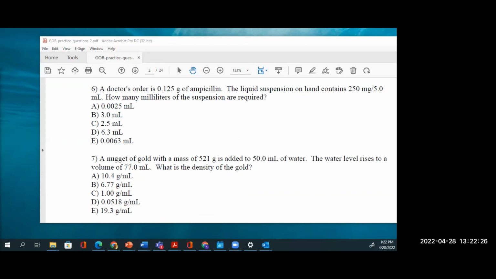So what should we start off with? 0.125 grams. And this is milligrams. So how do we change from grams to milligrams? That is correct. 1 gram is equal to 1,000 milligrams.